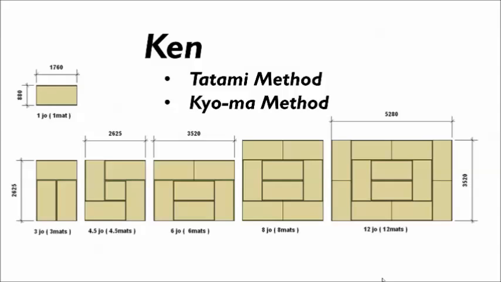Now they can be arranged in many different ways, and so sometimes a room is described by how many mats can be placed in the room. There's a 3-mat room on the left. The next one is a 4.5 mat room, so you have this pinwheel effect. Then there's a 6-mat room, an 8-mat room, a 12-mat room, and these keep adding on to each other.